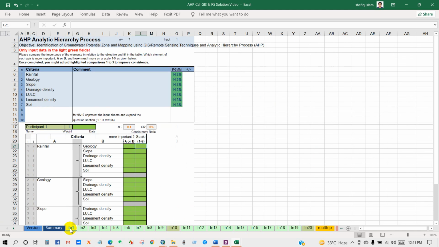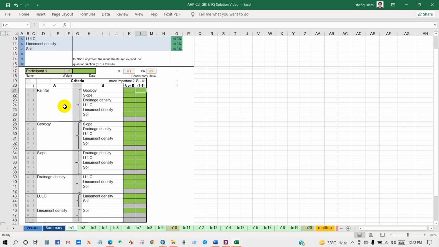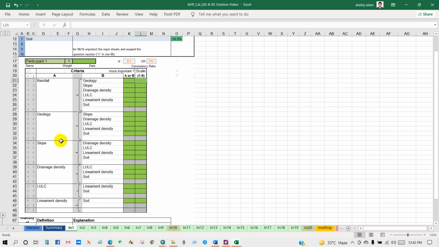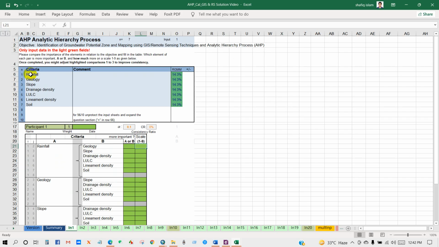Here, open this one, and then you can see here criteria A and B. Which is more important, A or B? You can see here: please compare the importance of the elements in relation to the objectives and fill in the table.